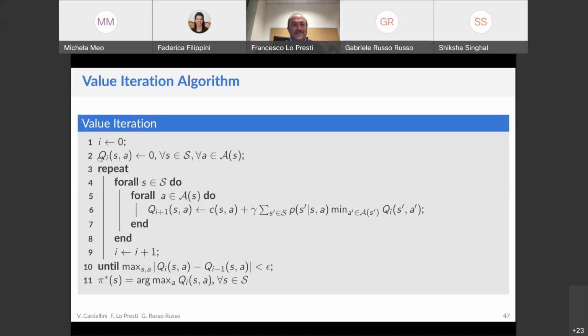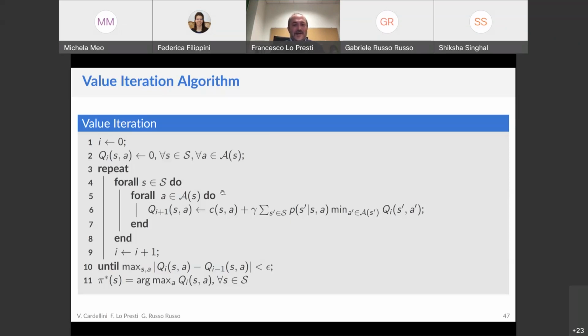Basically, I initialize my Q(S, A) function equal to 0 for every state and every action. Then I repeat, for every state and every action, the equation we just wrote, which is looking at the Bellman equation as an assignment operator.